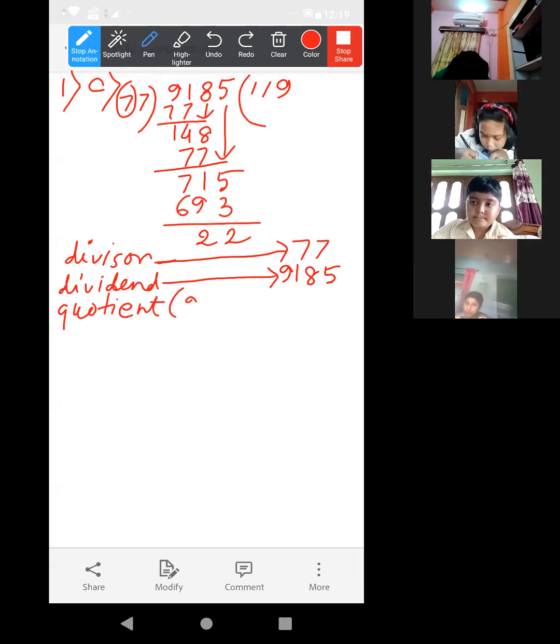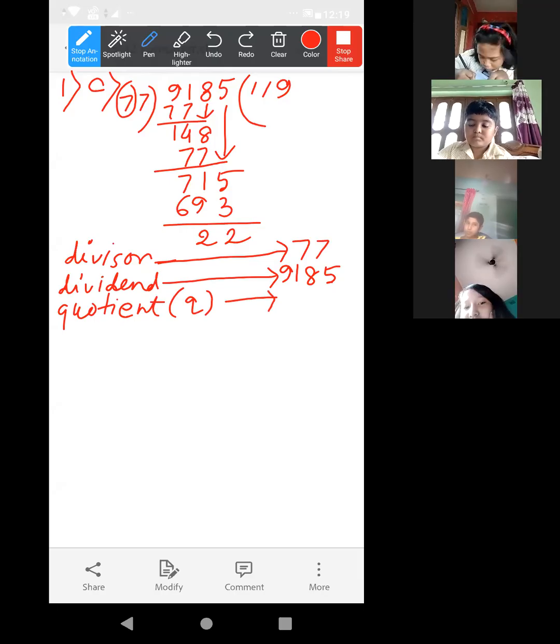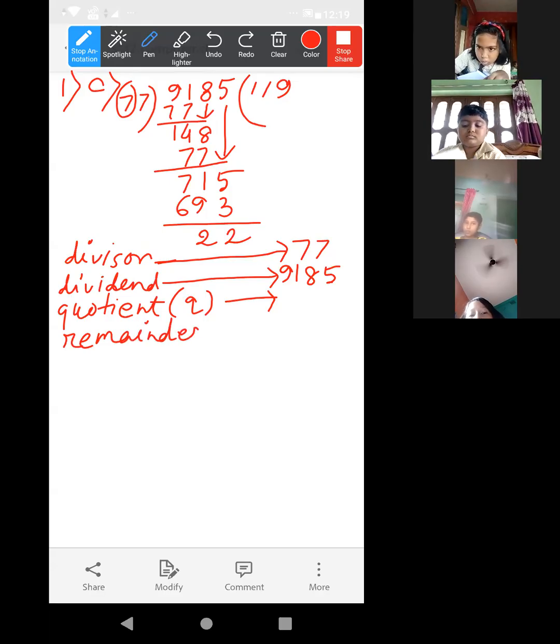Quotient, in bracket I am writing Q, because I'll write Q at the time of checking. Here don't write D and D because both start with D. That's why no need to write the short form here. In case of quotient and remainder, you can write the short form, R in bracket. Quotient is 119, remainder is 22.